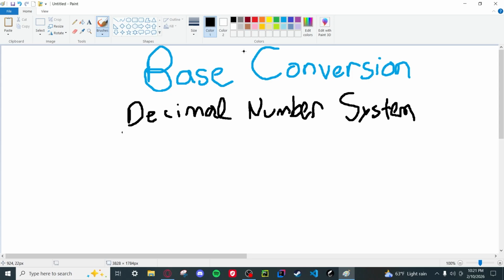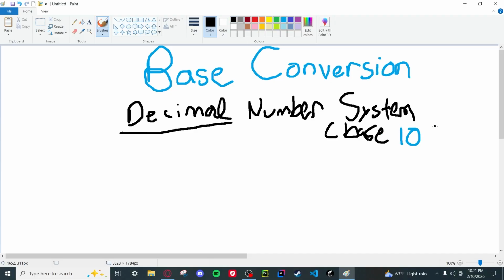Okay, so let's start simple and talk about the number systems in general. The first number system is the decimal number system, or you might see this as base 10. I can't write, so you could see this as base 10 too. They mean the same thing. And let's write 10 in this blue.